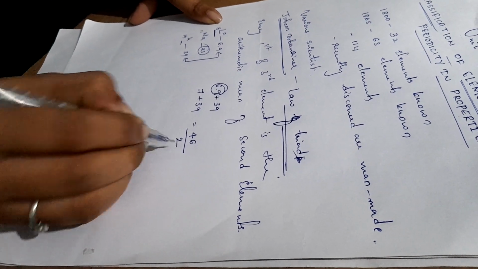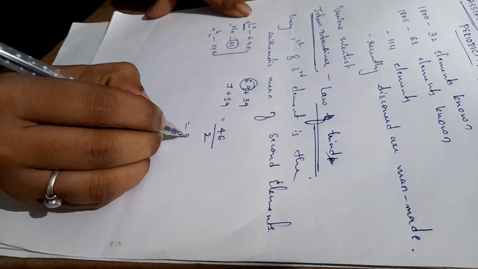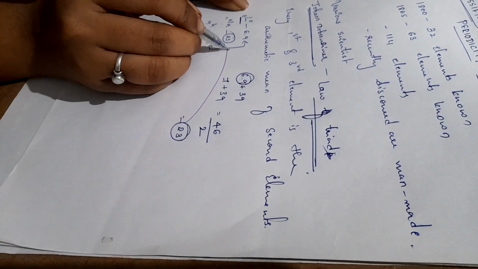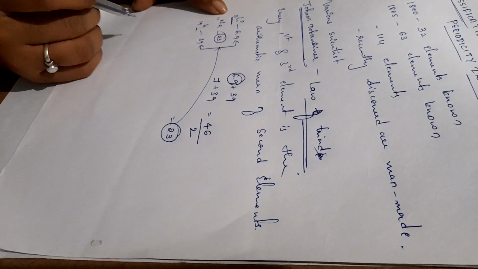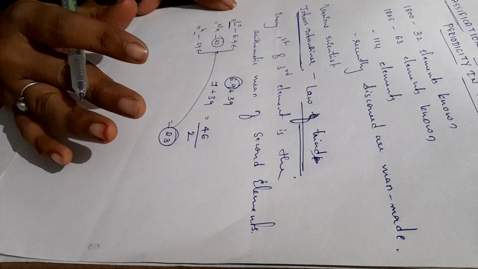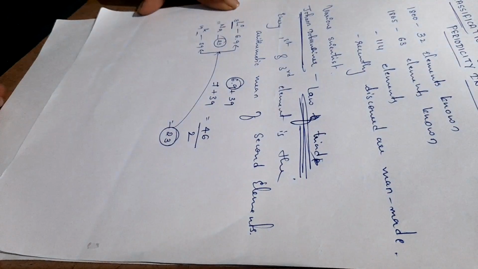When we take the mean, dividing by 2, we get 23, which is the atomic mass of the second element. This was stated by John Daubernier, the first scientist who arranged the elements in the periodic table according to the law of triad.